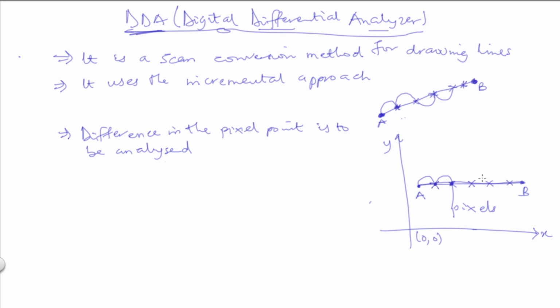So we say it is an incremental approach mainly because it performs the computation at each step and uses the outcome of the previous step. To get this one, we need to compute the difference in pixel points of these ones, do the computation, before the new intermediate points can be drawn using this algorithm.